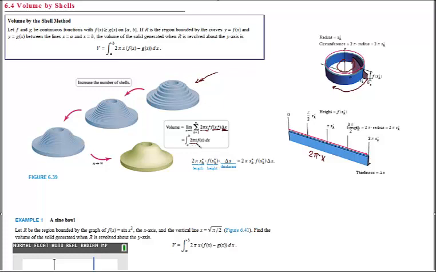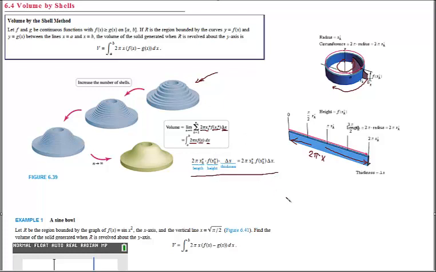So here we have the circumference of that shell, or the length of that shell all the way around, that would be this distance here, and then the height of that shell times the thickness, and we want that thickness to go to 0. So here it is, written out beautifully.